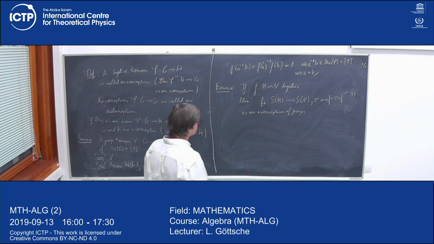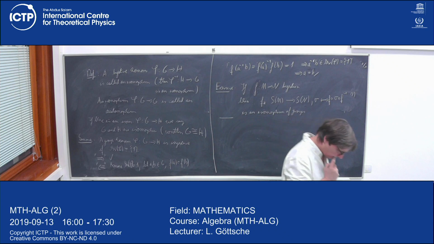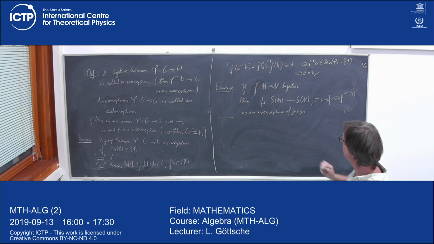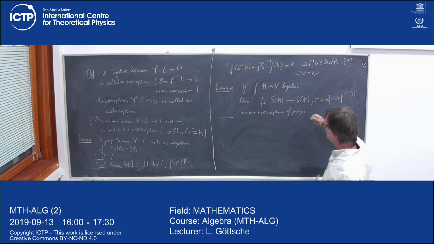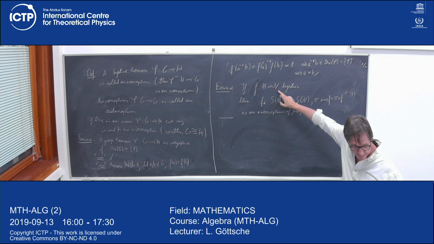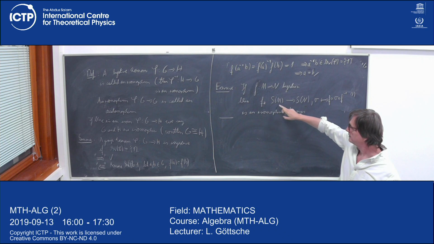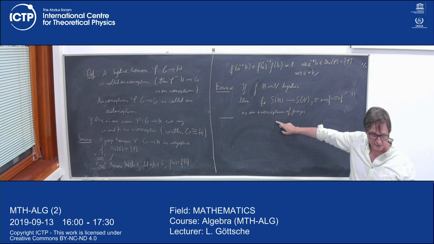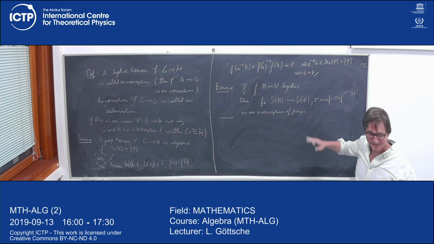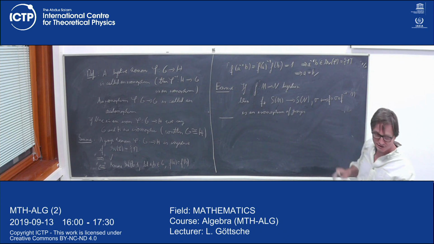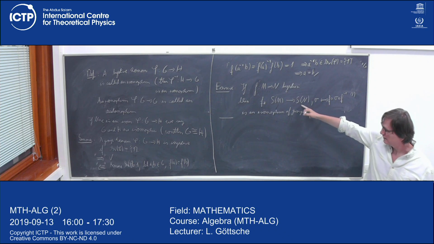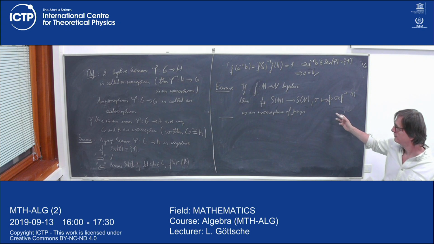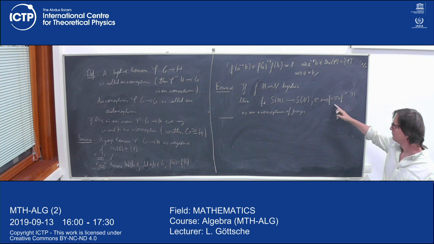So if f is just a bijection of sets, then I claim this f lower star is a homomorphism, which is an isomorphism. I sketched in words why this is true, but you can easily check it. The group structure here is composition, and if you compose two elements here, this corresponds to the composition there.